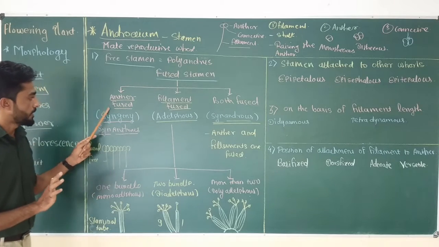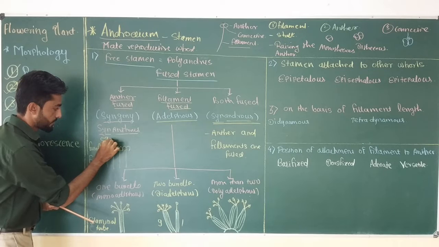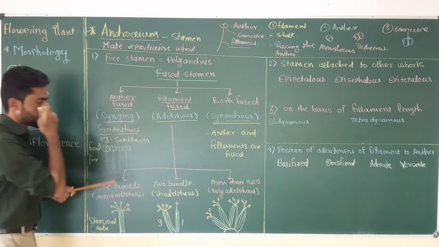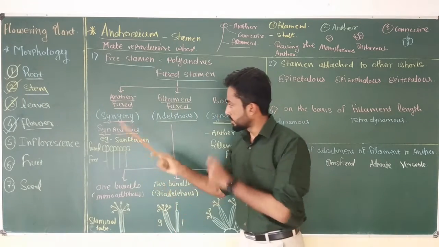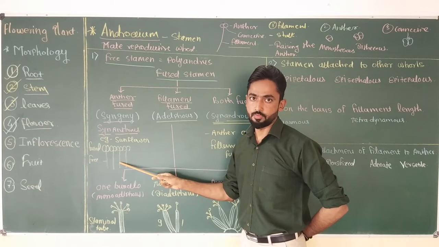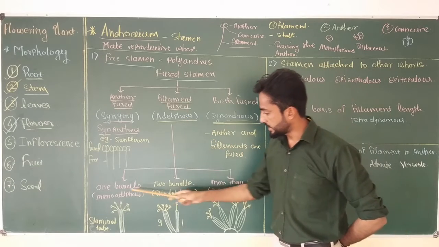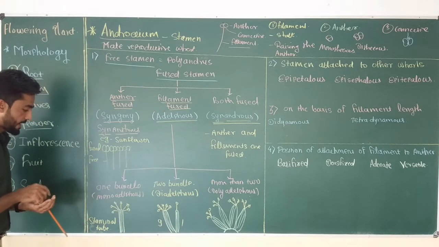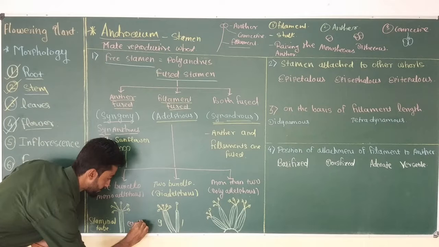Okay, now the well-known example of syngenesious condition is the sunflower plant. Sunflower generally shows this type of fusion, in which anthers are fused with one another but filaments are free. Then in the adelphous type there are 3 different types. Monoadelphous arrangement is observed in hibiscus flower.